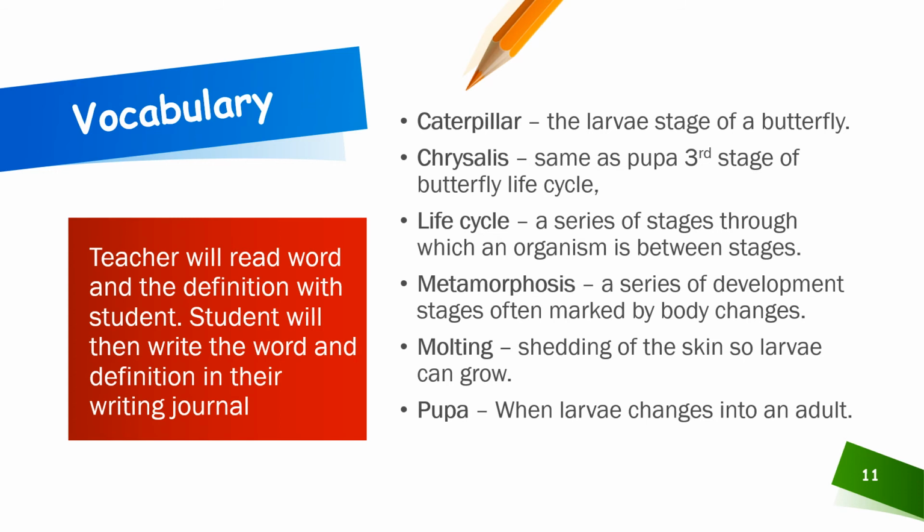Our first word is caterpillar. Caterpillar, the larvae stage of a butterfly. Chrysalis. Chrysalis, same as the pupa. It is the third stage of the butterfly cycle. Life cycle.